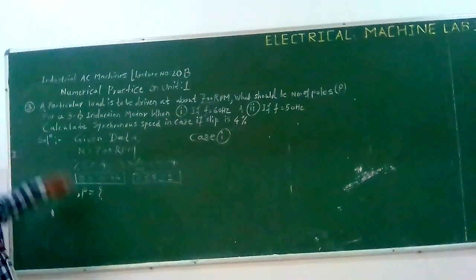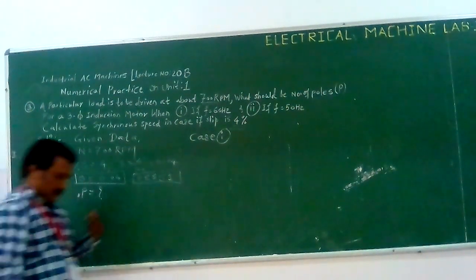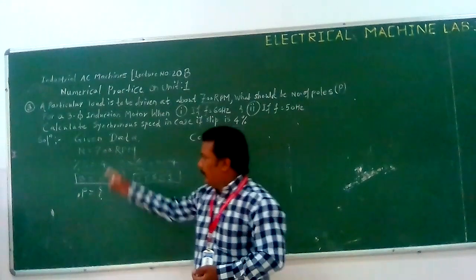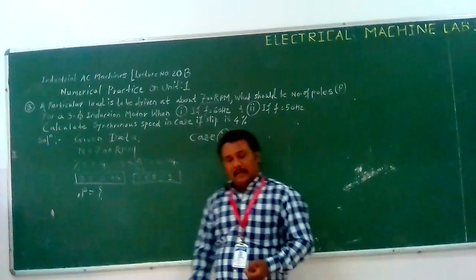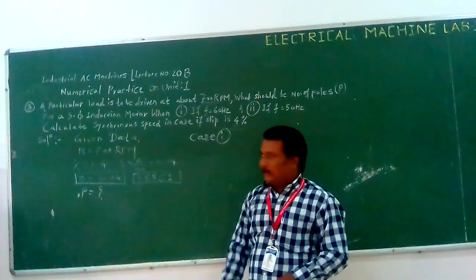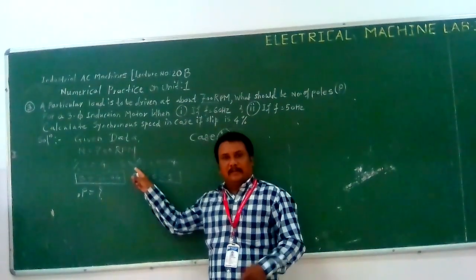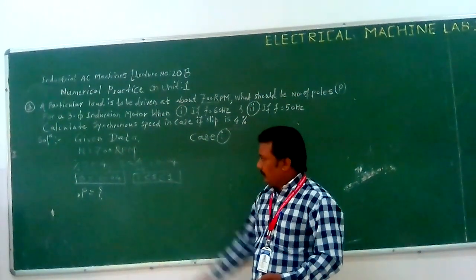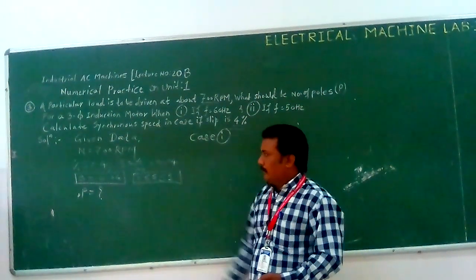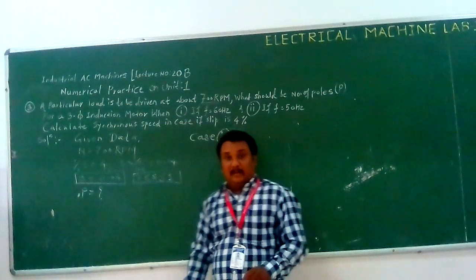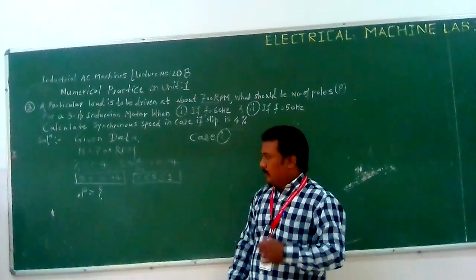I repeat again, from the numerical, the given data is written here. Speed is 700 rpm, percentage slip is given and it is 4. So we calculate it as a fraction. Then S will be 4 upon 100, because slip is given in percentage, and by simplification it is 0.04, because slip lies between 0 to 1 in case of an induction motor.